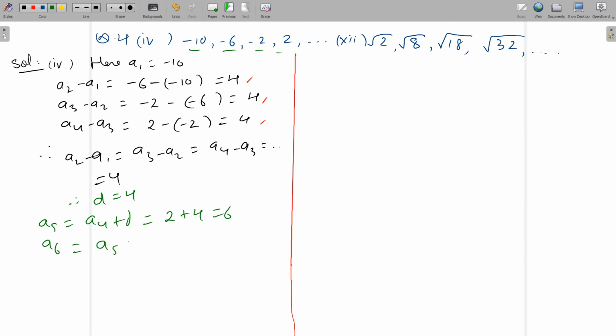That is A5 plus D. A5 plus D equal to, A5 is 6. 6 plus 4, that is 10. Similarly, we'll have A7. What is A7? A7 is A6 plus D equal to 10 plus 4, that is 14. So this is how we can do the questions of this type.